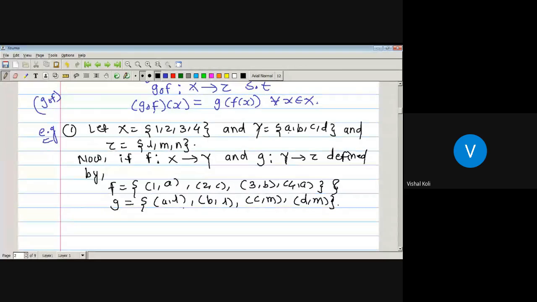Now we have to define the composition of these two mappings. So the composite mapping g composite f, which is defined from set X to Z, may be computed in the following manner.